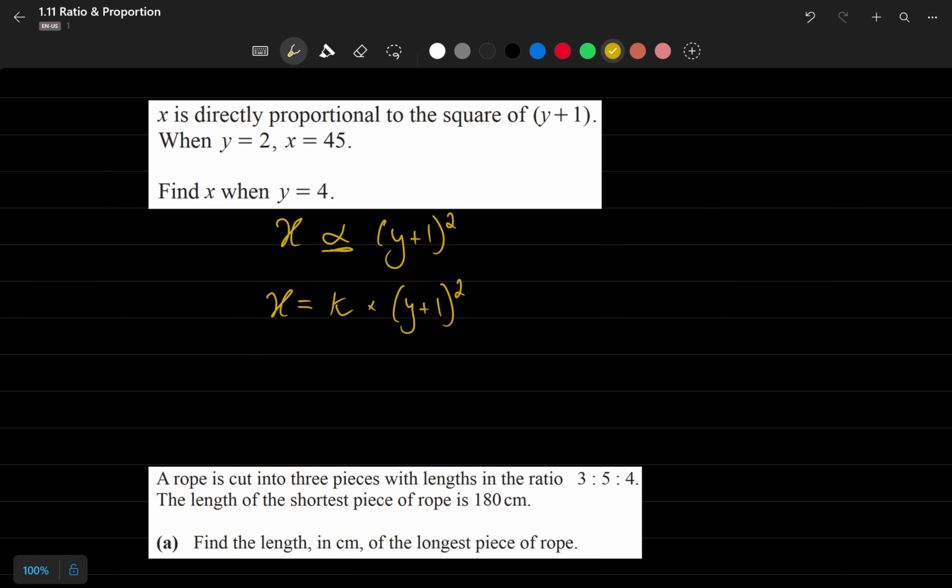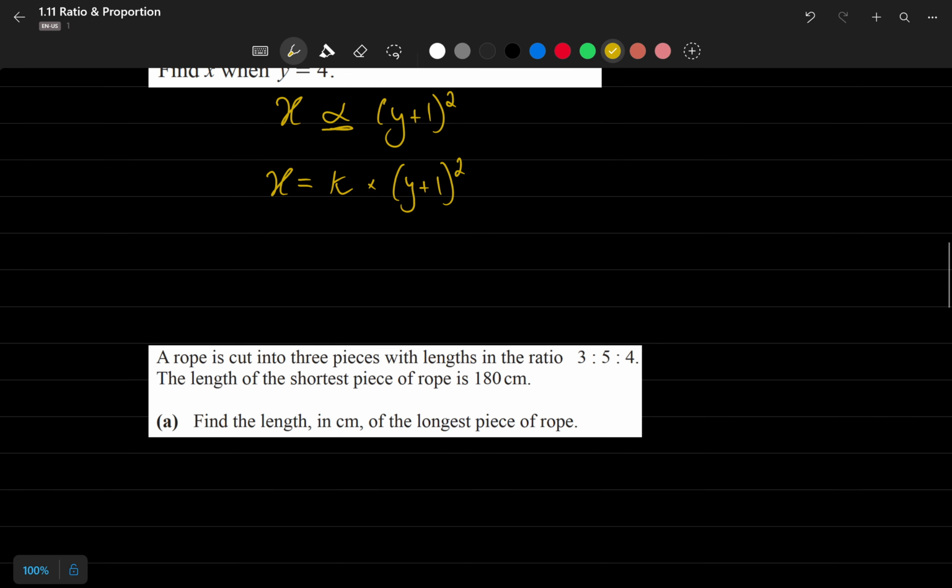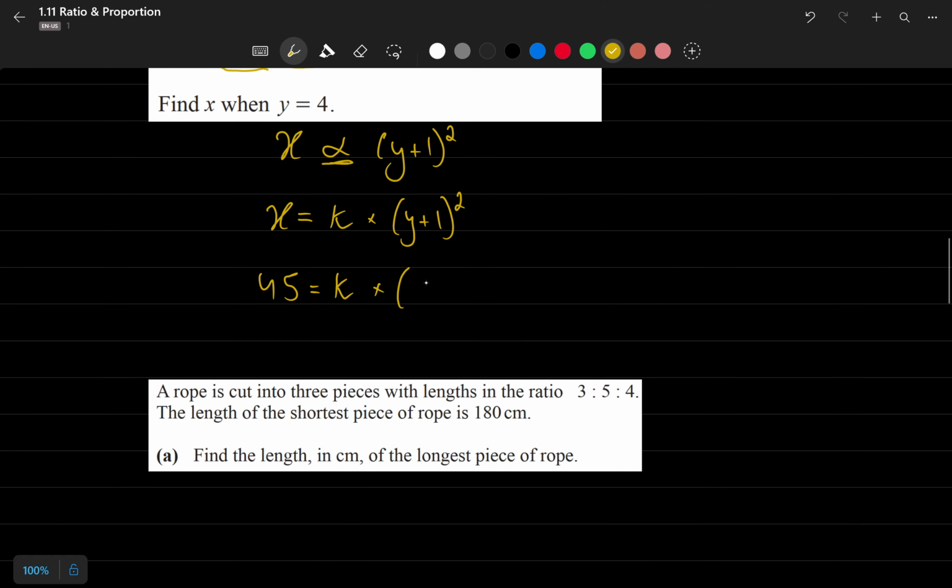Now we are given that when y is equal to 2, x is equal to 45. We just put these values in this equation. So x is 45 equals k times, y is given as 2, so (2 plus 1) whole square. 2 plus 1 is 3, and the square of 3 is equal to 9.